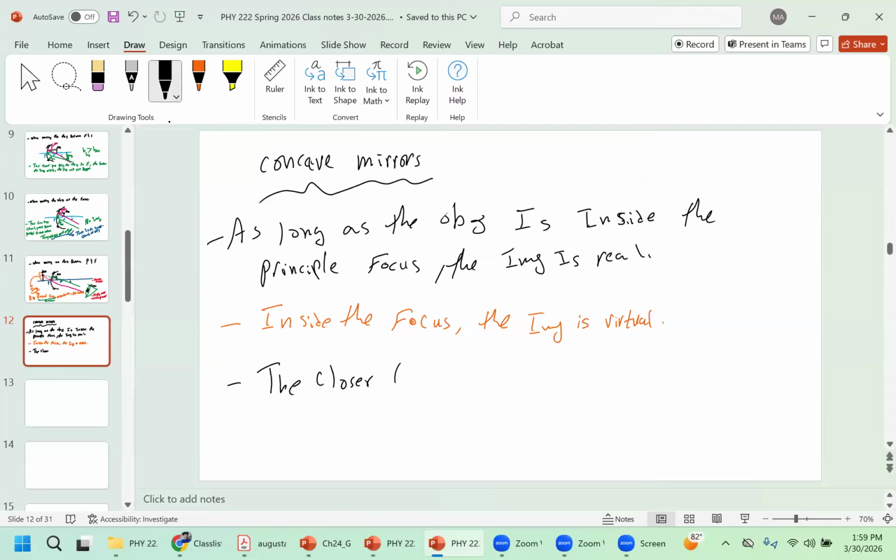The closer the object to the principal focus, the bigger it gets.